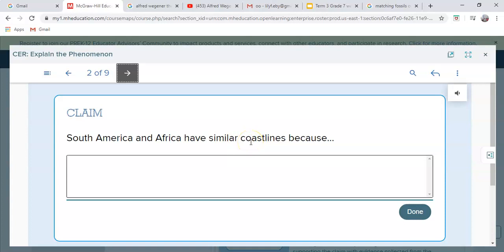What claim can you lay to support this? What is the reason? Just 15 seconds, not more than 15 seconds. Try to think. Can you remember anything?